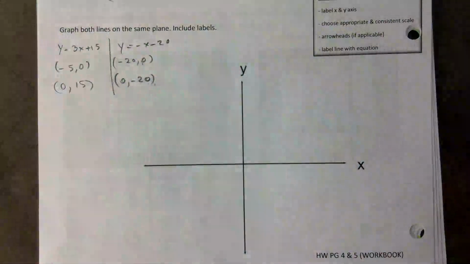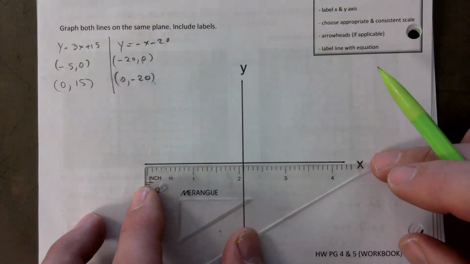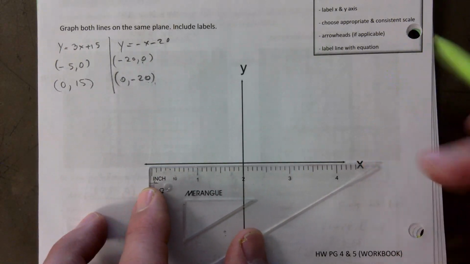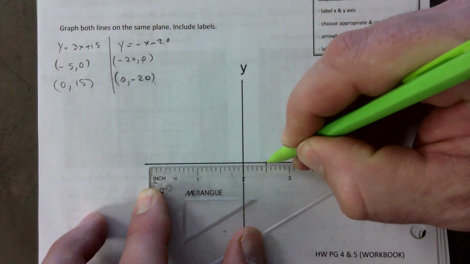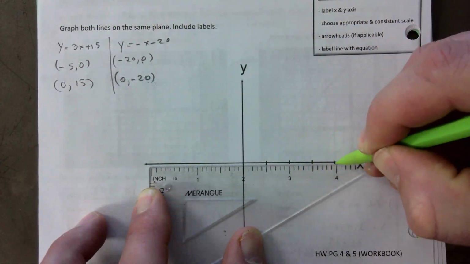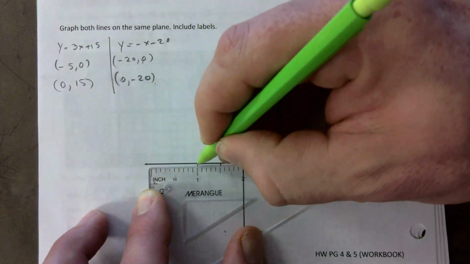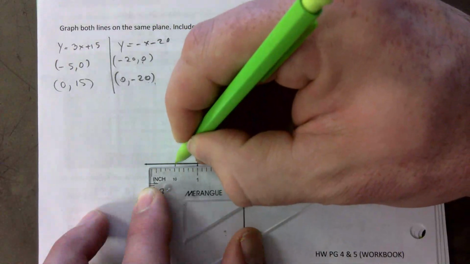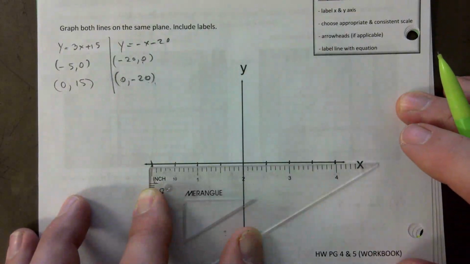So let's go ahead and do that. Maybe I'll use a ruler to help me out to make this a little prettier. Let's see here. This will be 5, 10, 15, 20. 5, 10, 15, 20. That'll do it. Just barely, but it'll do it.